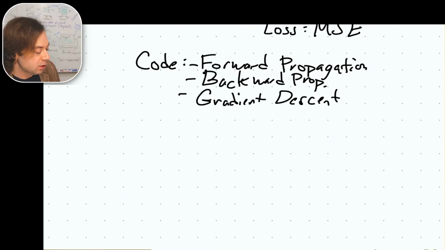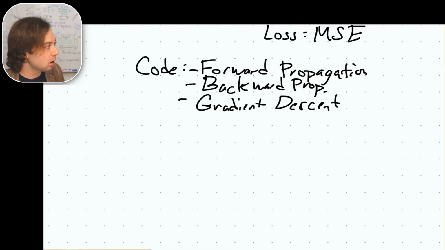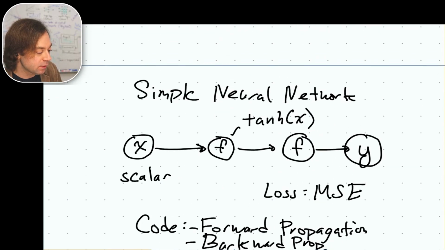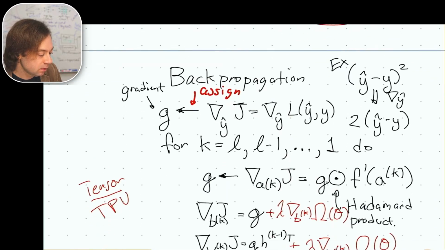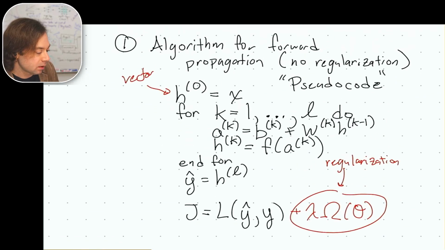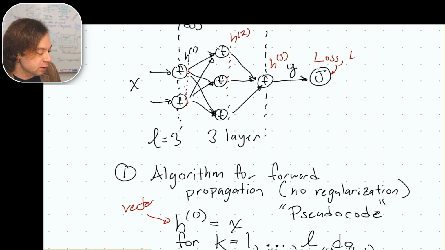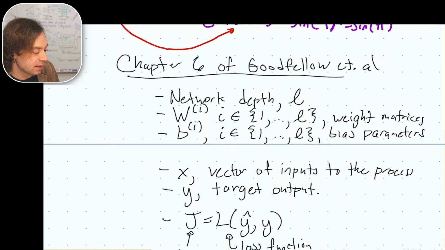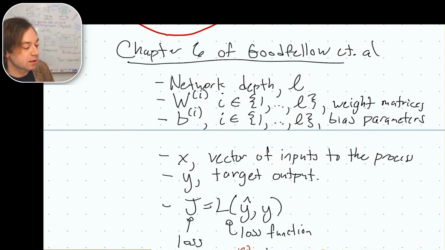So forward propagation. According to our lecture notes, we have a very specific algorithm here for forward propagation. Let's go back a little further so we can get an idea of what we need to define. This is in chapter 6 of Goodfellow. We need to know the network depth.